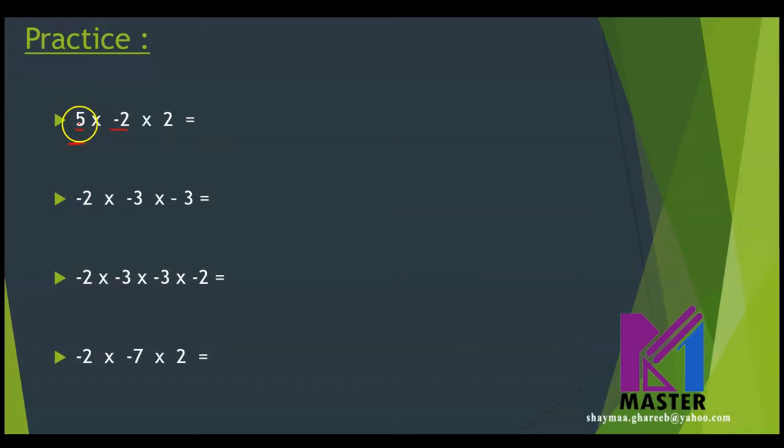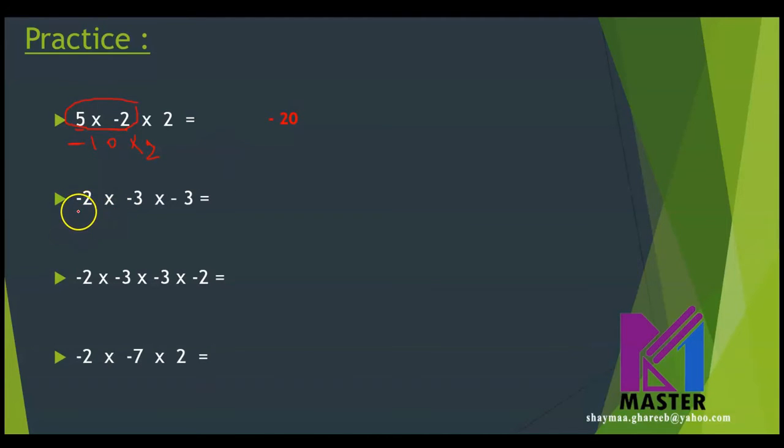Negative what? Which number? 5 times 2, 10. So these two numbers together will give me negative 10. Now, negative 10 multiplied by 2, which is a negative number multiplied by a positive number, then the answer will be negative 20. Is this clear?